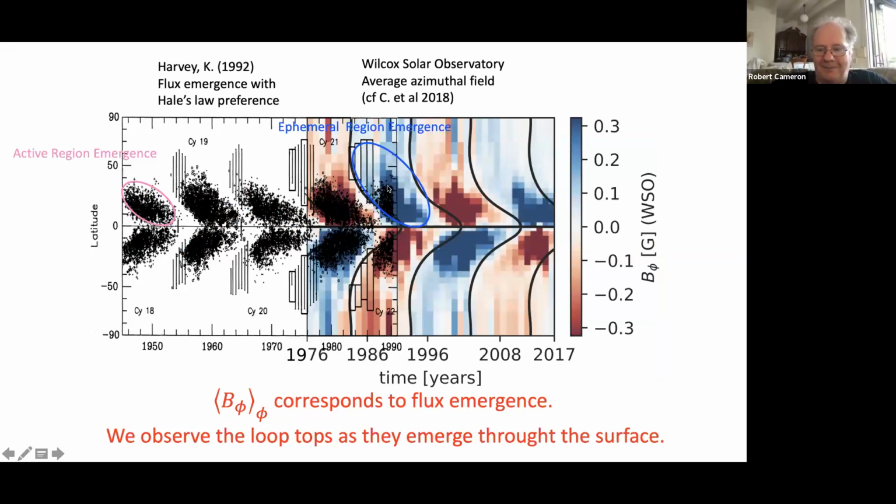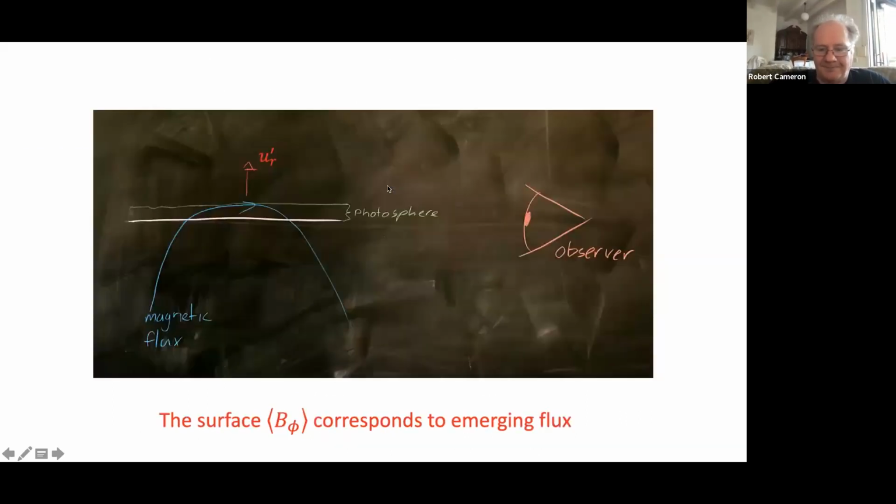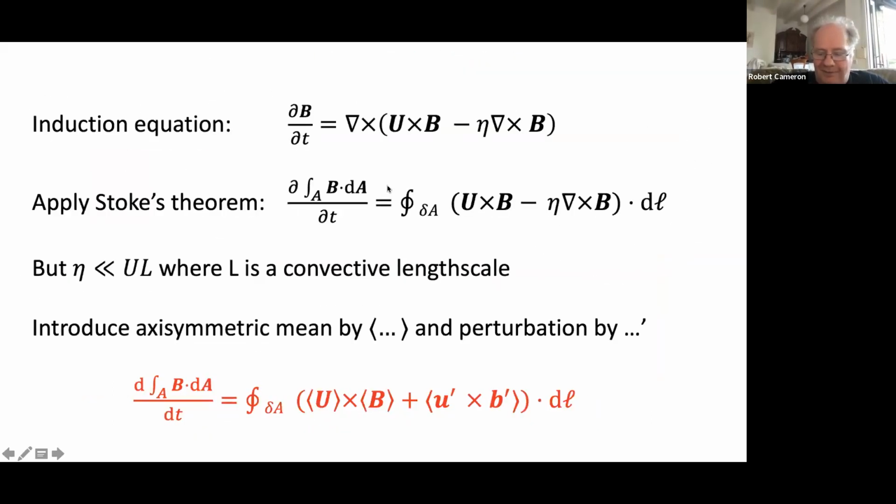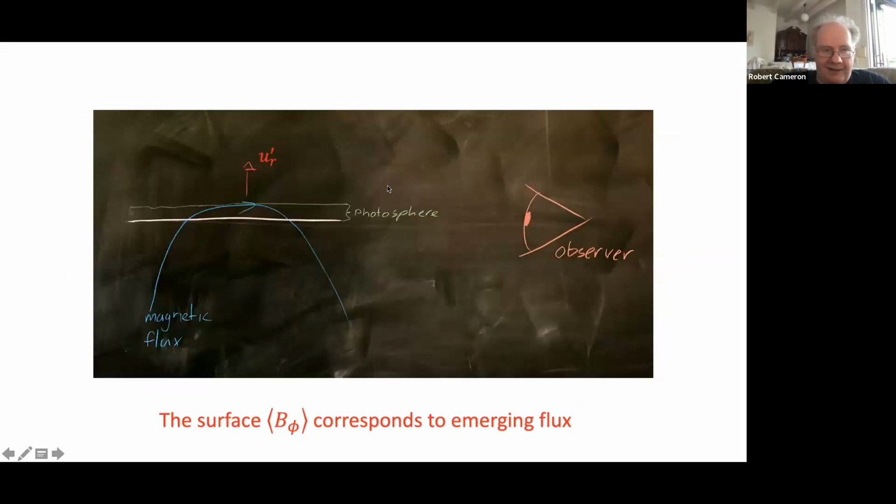I should point out that I'd like people to ask me questions as we go through the talk, because if you get lost, it's an opportunity for me to get you back into the conversation before we lose too much. So B phi corresponds to emergent flux.